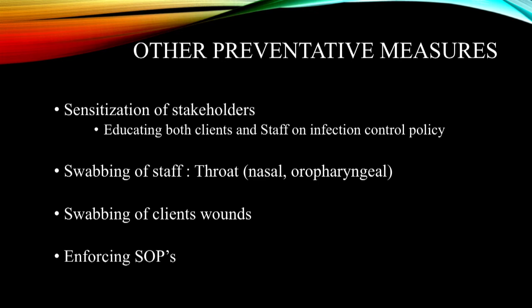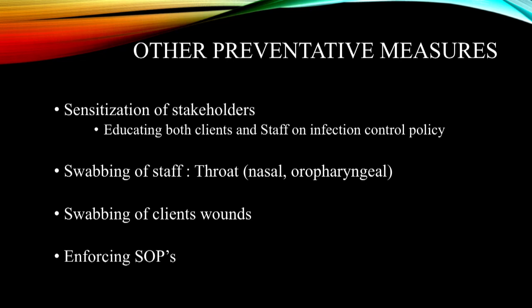Intermittent, or what we'll call periodic swabbing of both staff and clients accessing the department. So in the case of staff, we'll look at swabbing the throat, that is both nasal and oropharyngeal areas.